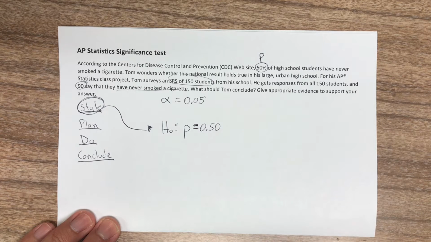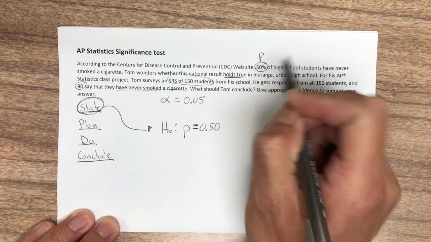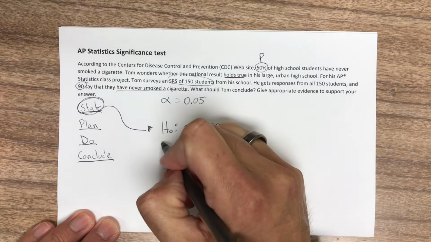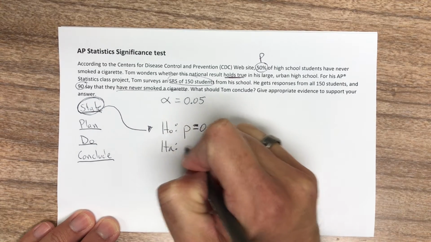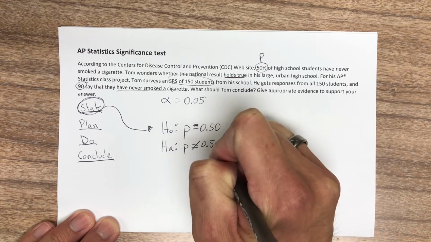Now, Tom is not mentioning if he thinks it's higher or lower in his school. He says he's wondering if this result holds true. So he's not really saying it's more or less. So the alternative hypothesis will be not equal to 0.50.